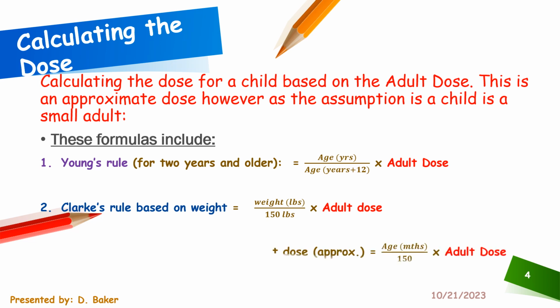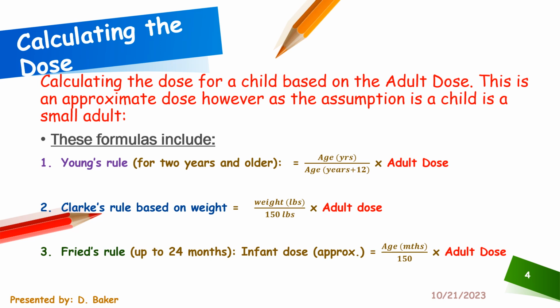The third one that we will look at is Freud's rule, and this one is used for infants up to 24 months. Over 24 months, this one is not used. Here you have the age in months, and in the denominator, you have a constant of 150.